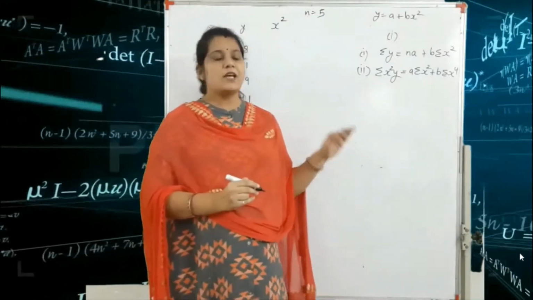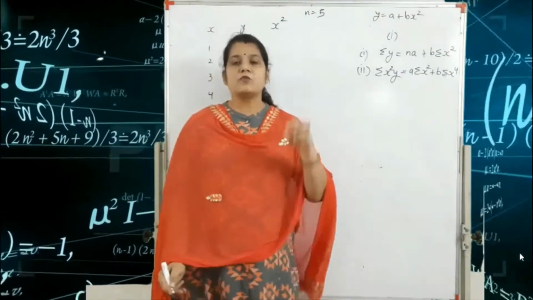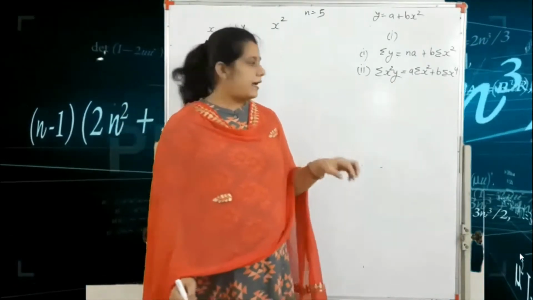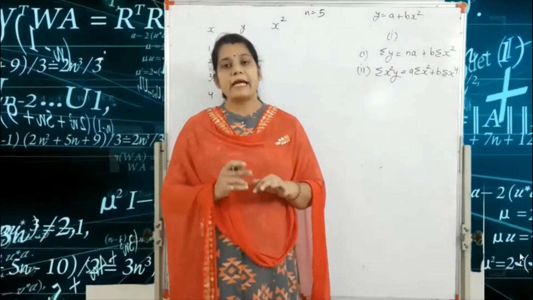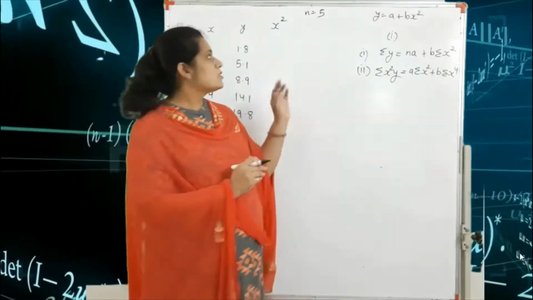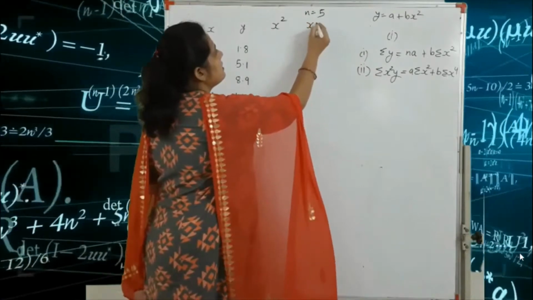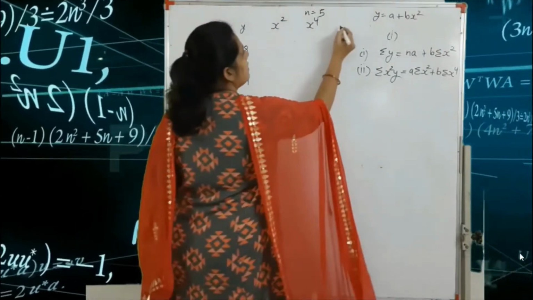Always, from the start of the solution, first you write the quadratic equation or straight line equation according to the question, and after that we write the normal equations. According to our normal equations, we make the table. Got it? So here we write x square, then x raised to the power 4, and next x square y.